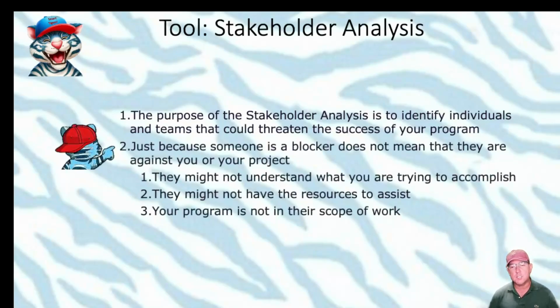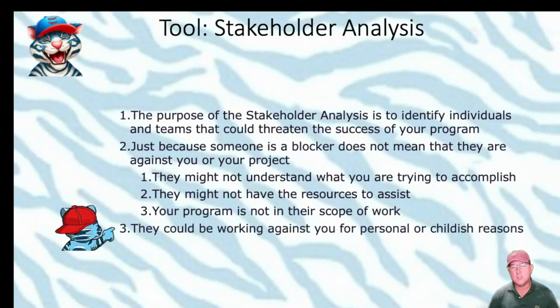Let's remember, just because somebody is a blocker does not necessarily mean that they're against you or your program. They might not understand what you're trying to accomplish, which is probably on you to make clear. More often than not, they might not have the resources to assist you. Or third, you might be going towards the wrong team, right? Your program might not be in their scope of work.